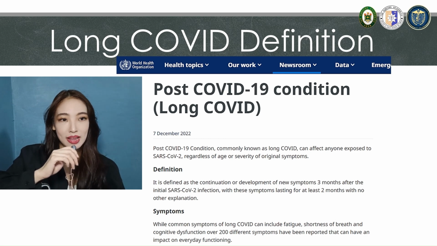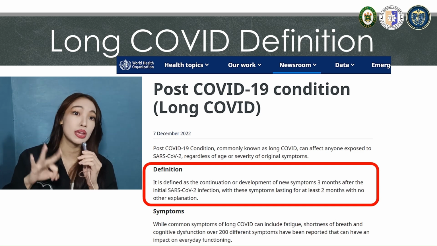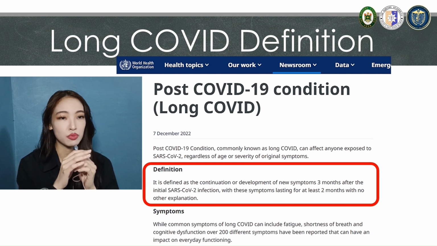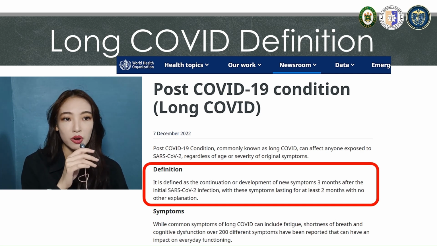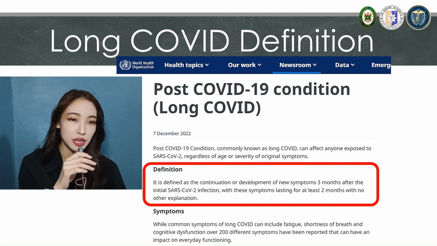It is defined as the continuation or development of new symptoms 3 months after the initial SARS CoV 2 infection, with these symptoms lasting for at least 2 months with no other explanation.